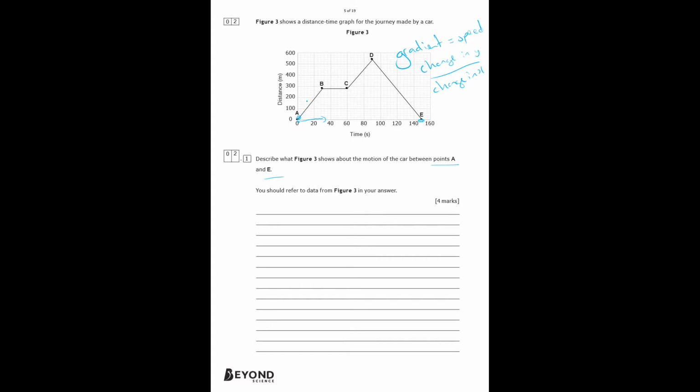So between A and B we have a straight line, a constant gradient, therefore it's travelling at a constant speed. So I can say this: between A and B the car travels at a constant speed.